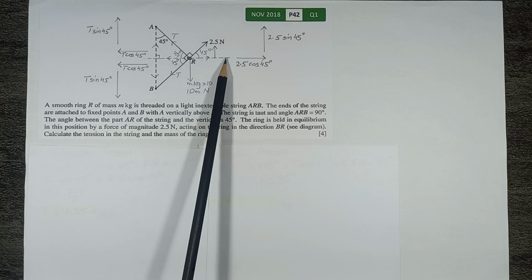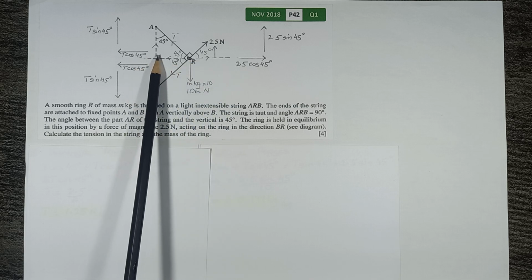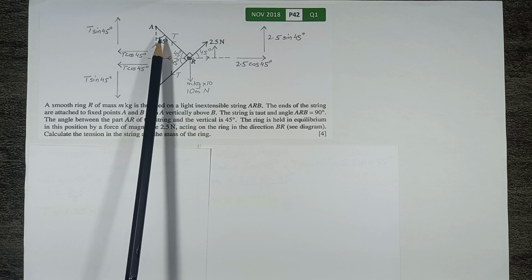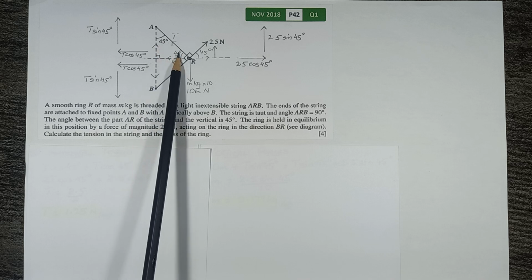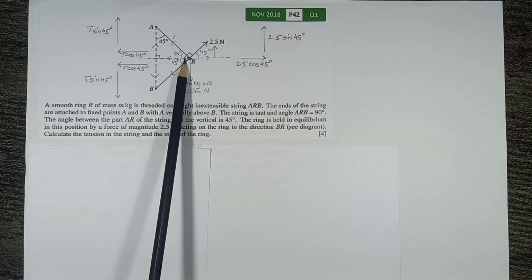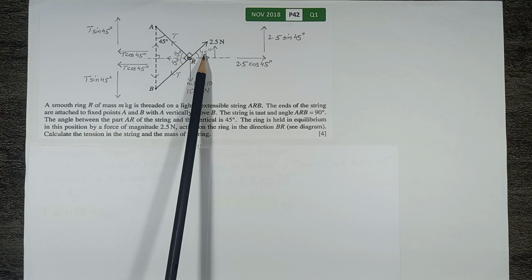As I have mentioned below, if we draw a horizontal line over here, that horizontal line would make a 90 degree angle over here, and this 90 plus 45 is 135, which when subtracted from 180 would again give a 45 degree angle, which is over here. And because it is again 90 degrees over here, this is 90 and that is also 90, so 45 plus 90 is again 135, and when we subtract it from 180, again this would become 45 degrees.